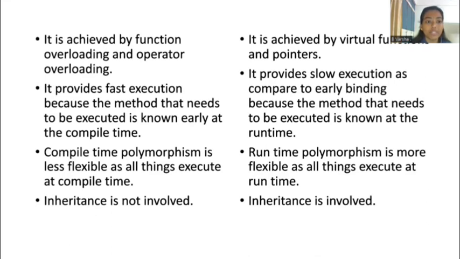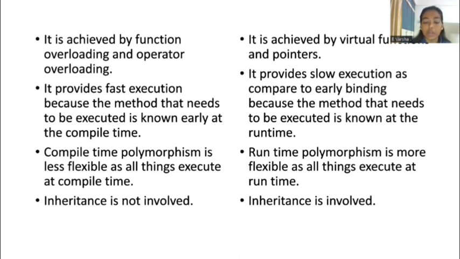Compile time polymorphism is achieved by function overloading and operator overloading, whereas runtime polymorphism is achieved by virtual functions and pointers. Compile time polymorphism provides fast execution because the method that needs to be executed is known early at compile time.